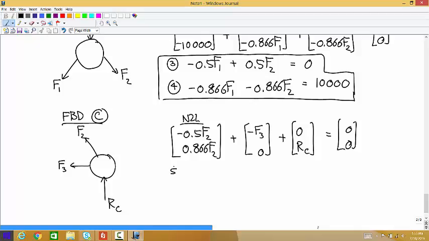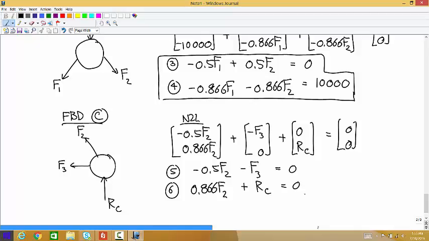And so equation 5 says negative 0.5 F2 minus F3 is equal to 0. And equation 6 says positive 0.866 F2 plus RC is equal to 0.